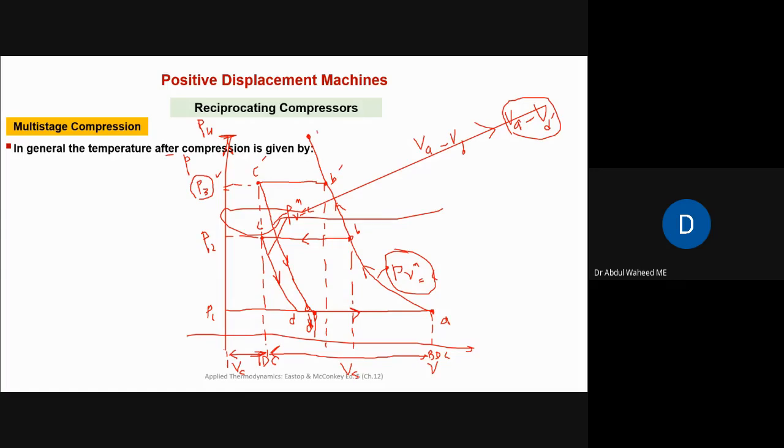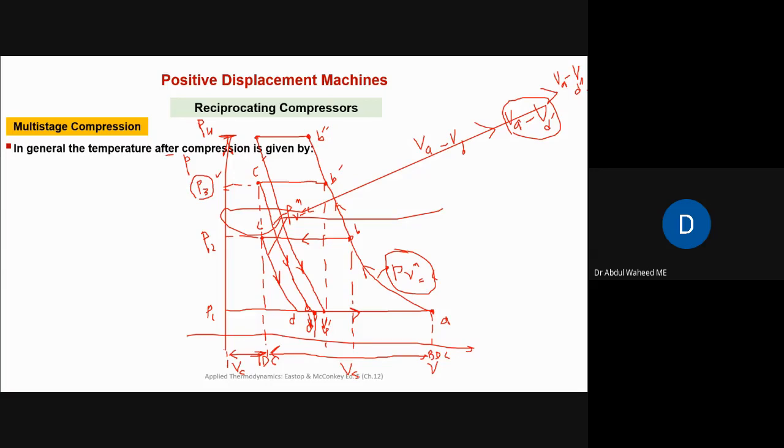So this is B double dash. Again, there will be delivery till this clearance volume, and then there will be re-expansion. So again, this point D dash is now further shifted to D double dash. So this induced volume is further reduced, VA minus VD double dash.